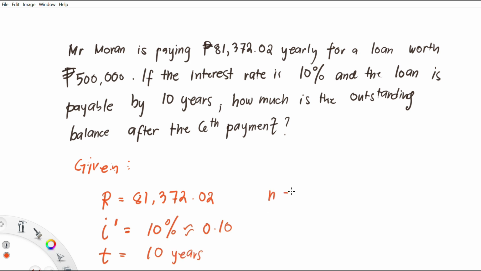Our n would be m times t, which, since it's annual, m is 1, and our years is 10, so we have 10. Then we have our k, which is the sixth payment.